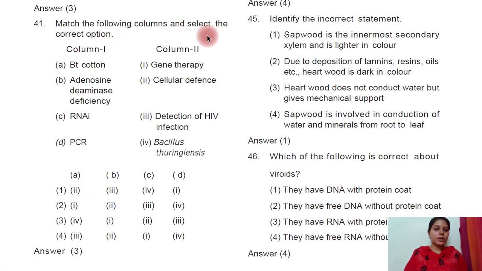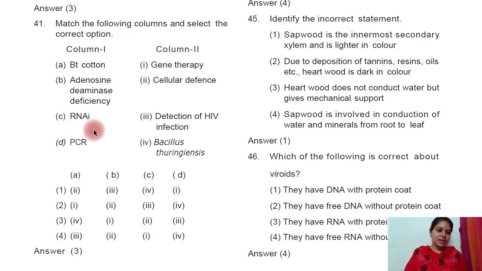Match the following columns and select the correct option. So, Bt cotton, adenosine deaminase deficiency, RNA interference, and polymerase chain reaction. So we have all these in their applications. So the option is where? Option 3, 4, 1, 2, because Bt cotton we know is from Bacillus thuringiensis, right? And adenosine deaminase deficiency, we know that it is for gene therapy.